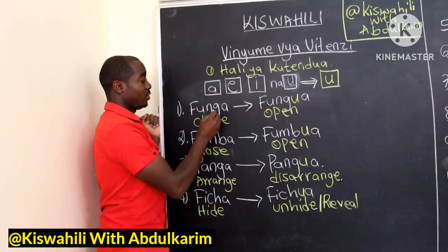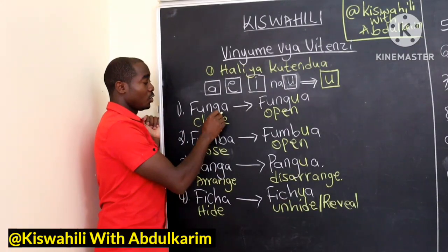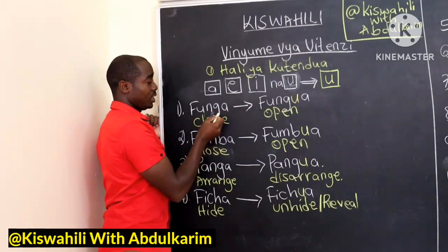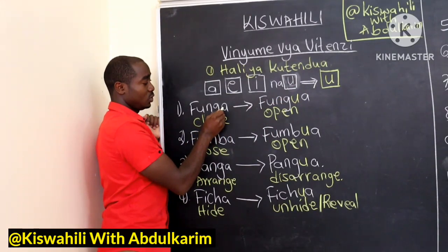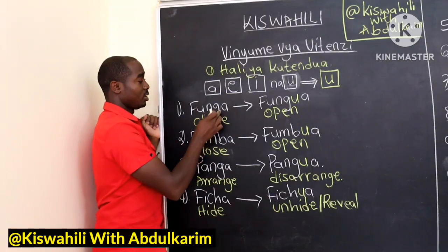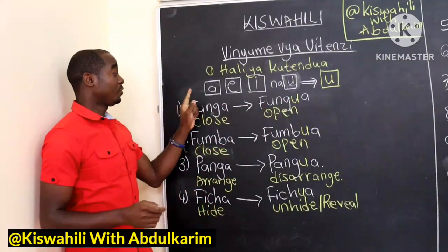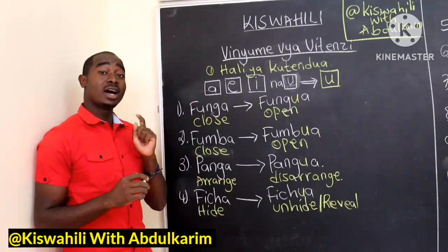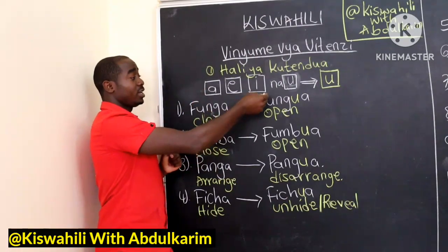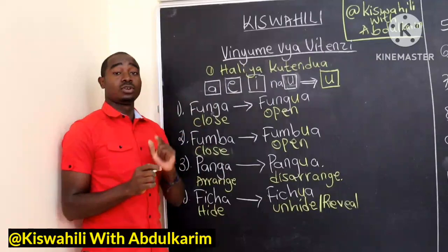So if the verb is funga, we will add the U here. So we add U here. Okay? So it becomes fungua. This is if the root has A, E, U, any of these.